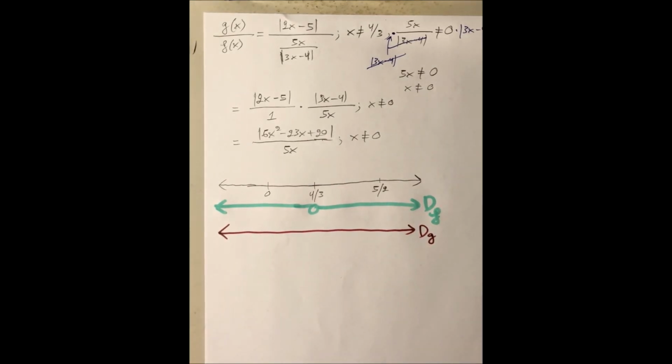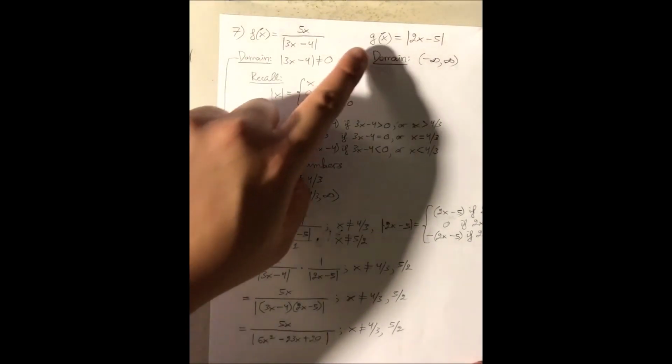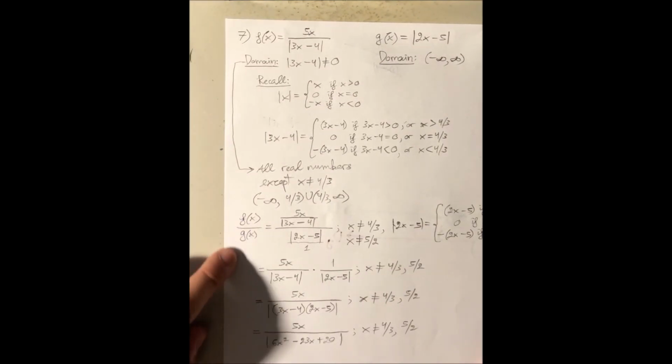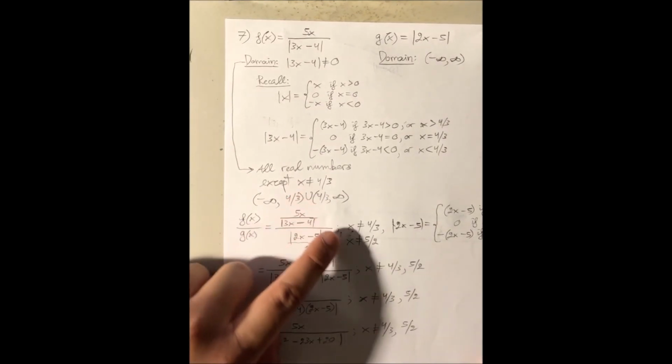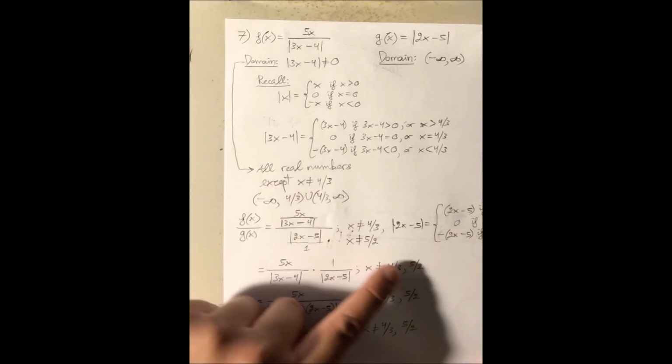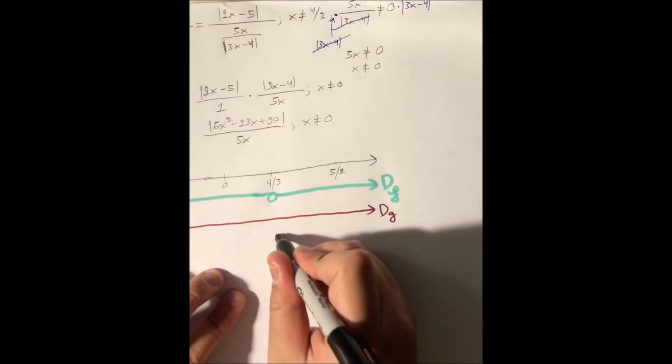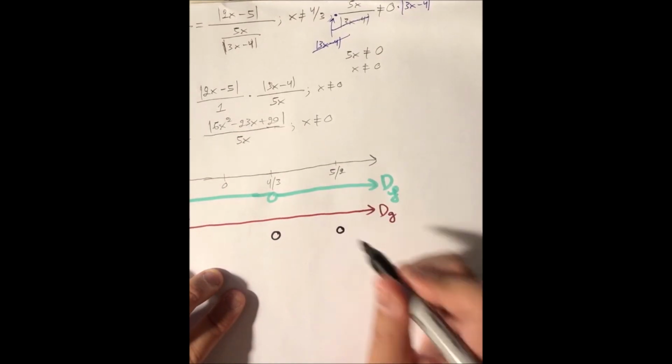But the restrictions of the simplification, the restrictions from the domain of function f, the domain of function g, and every step of the simplification process of the quotient f over g are just 4/3 and 5/2. So put the open circle here and put the open circle here.